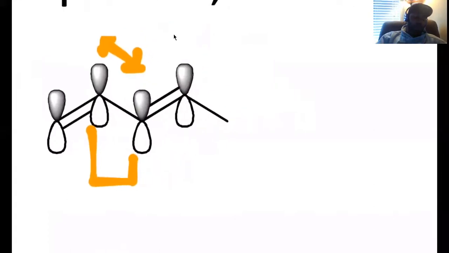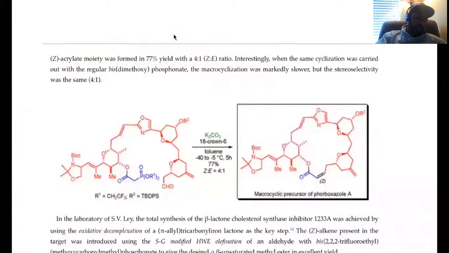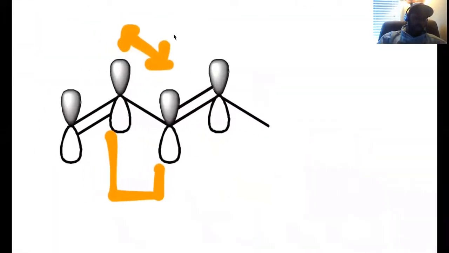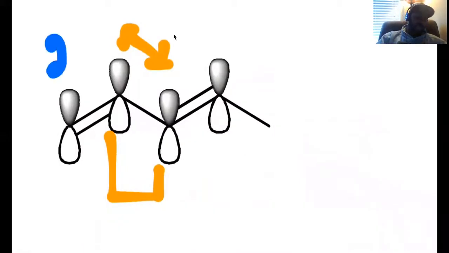Under normal circumstances, this would be a 2 pi system, and that would be a 2 pi system.